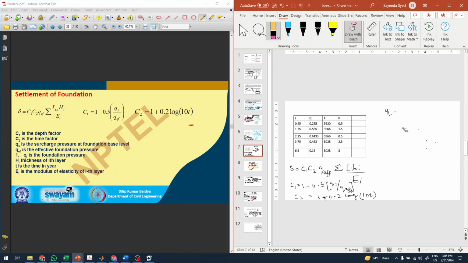Let's just write the formula. C1 will be 1 minus 0.5 times 18 into 1.5 over 150 minus 18 into 1.5.